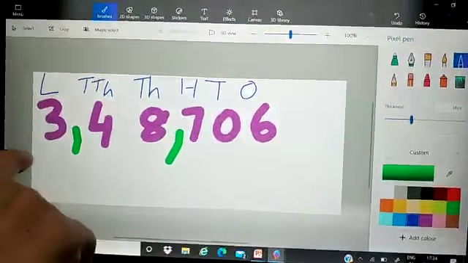I would like to show you this also. Here, when in the 10,000s column we have 2 beads, that is 2 ten-thousands, which can also be written as 20,000. 3 ten-thousands as 30,000, and so on.